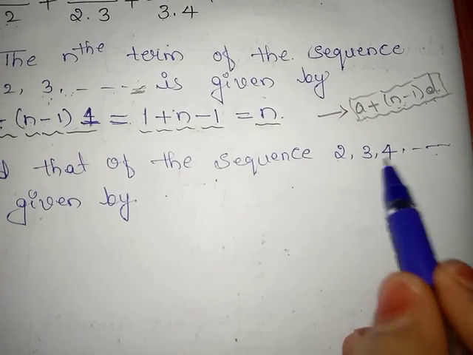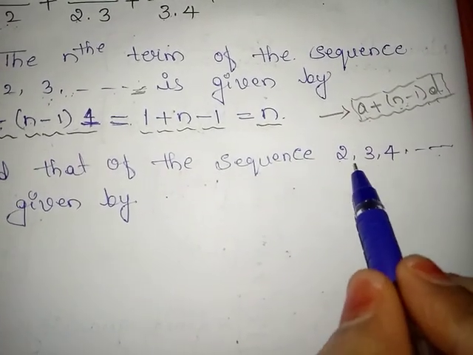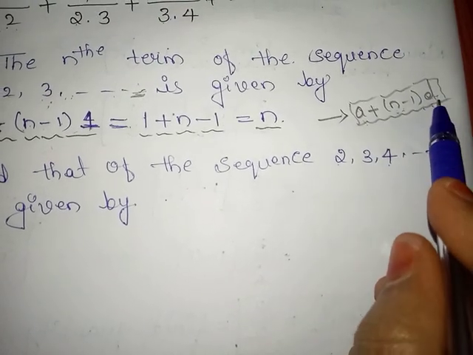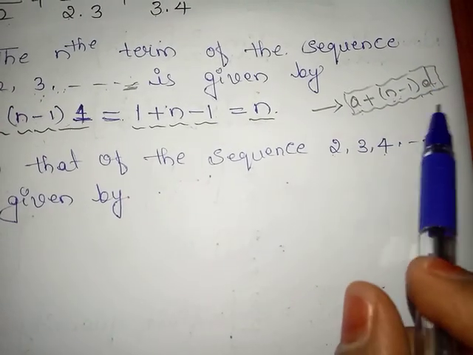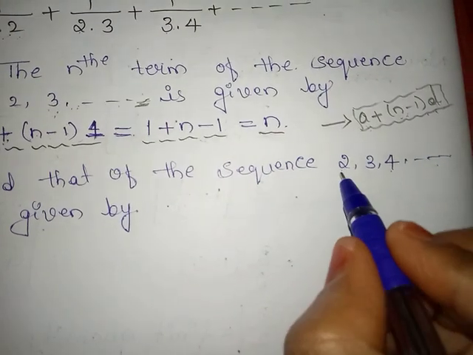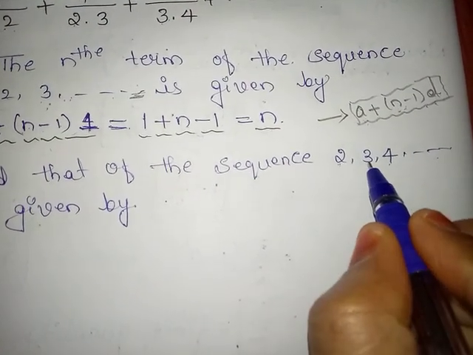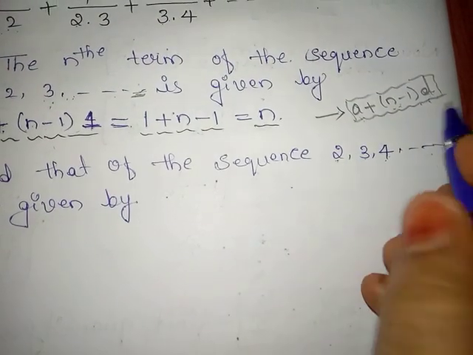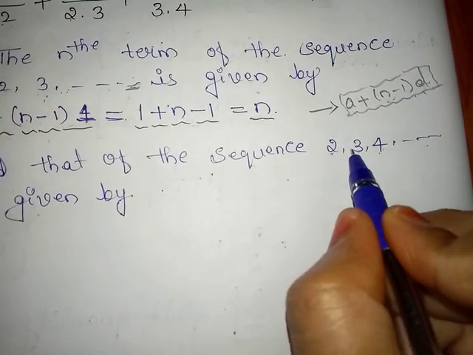It has a common interval, means common difference. So use this same result, a plus n minus 1 into d term, to find the nth term. Therefore it is 2, 3, 4 and so on. First term is 2 and the common interval is again 1.